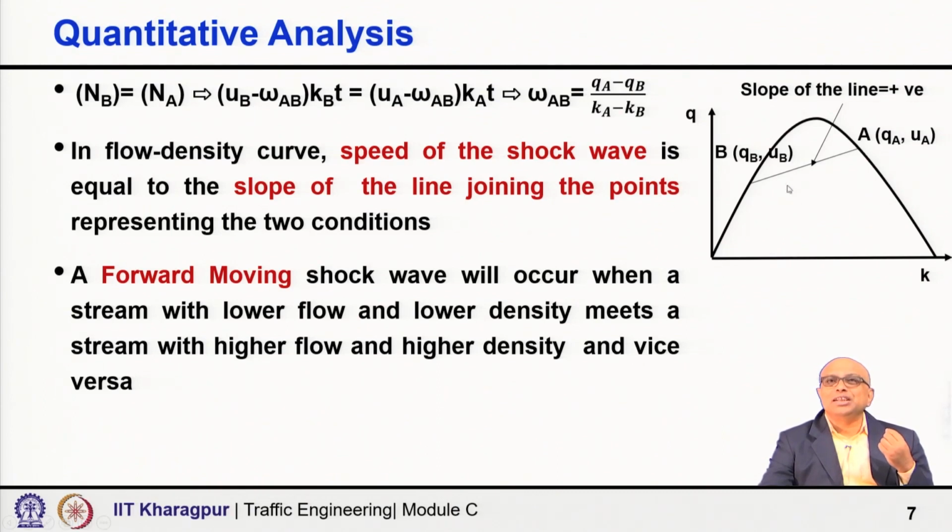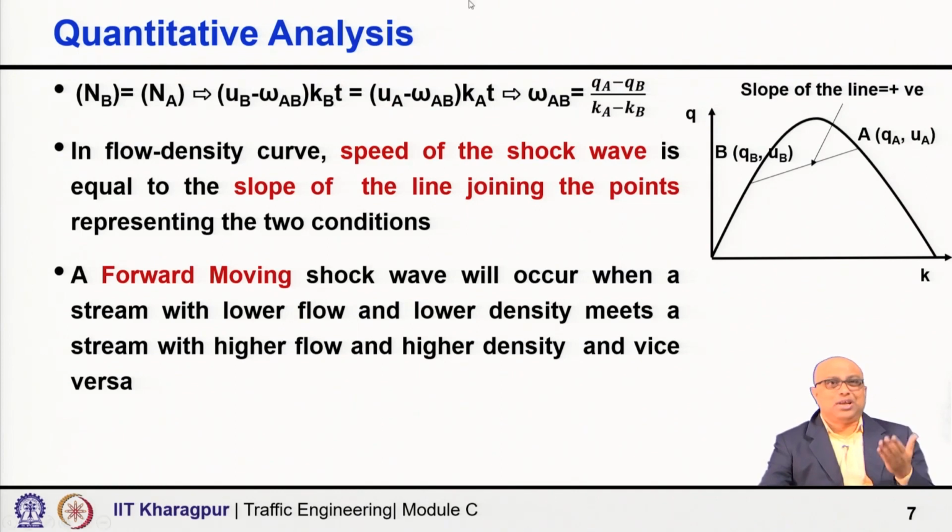We are actually connecting 2 points, A and B, on the flow density curve, and the slope of that line is actually (Q_A minus Q_B) divided by (K_A minus K_B). So, the slope of the line joining 2 points on the flow density curve is actually the speed of the shock wave, which will be generated at the meeting point of those two flow conditions A and B.